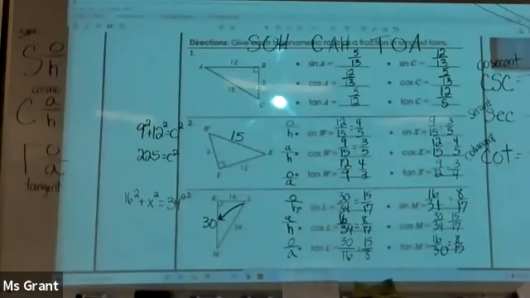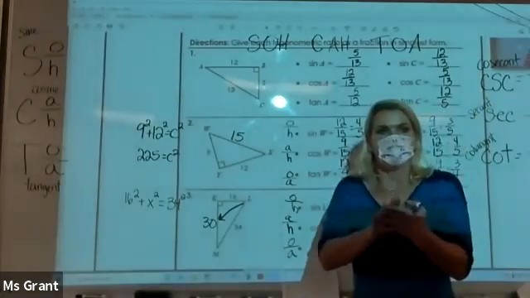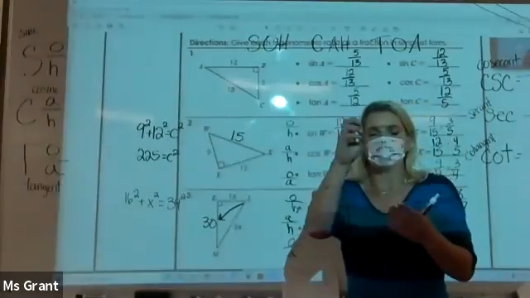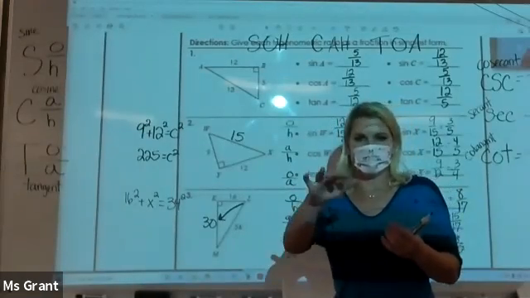This last section we're going to need a calculator for. Because in your calculator, there's a button, sine, S-I-N, cosine, C-O-S, tangent, T-A-N. You might have to enter the number first, and then press the sine, cosine, or tangent button.